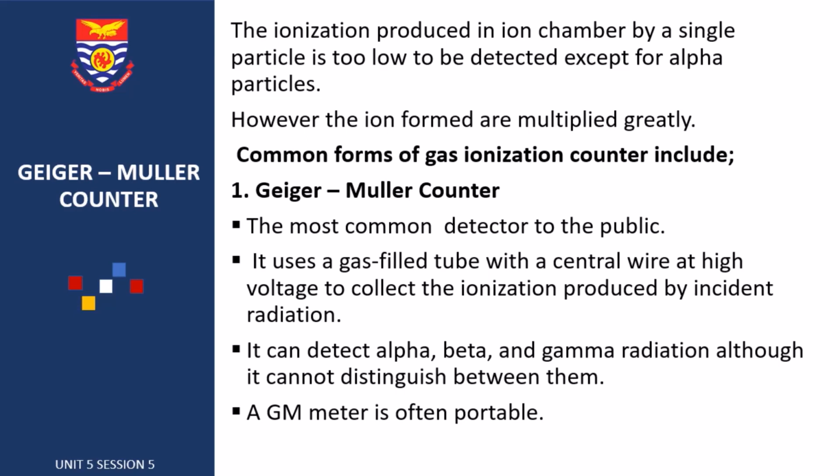The Geiger-Müller counter can be employed to detect beta particles, alpha particles, and gamma radiations, although it cannot distinguish between these various radiations. It is also often very portable and so can easily be carried around.